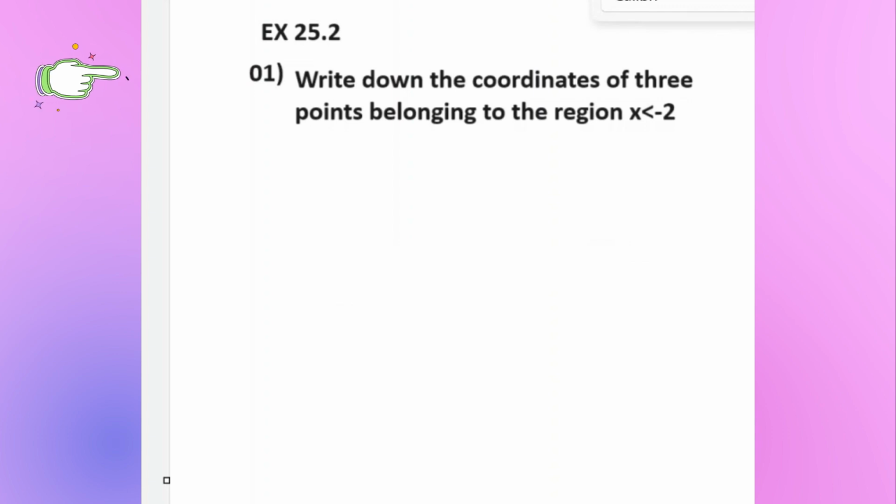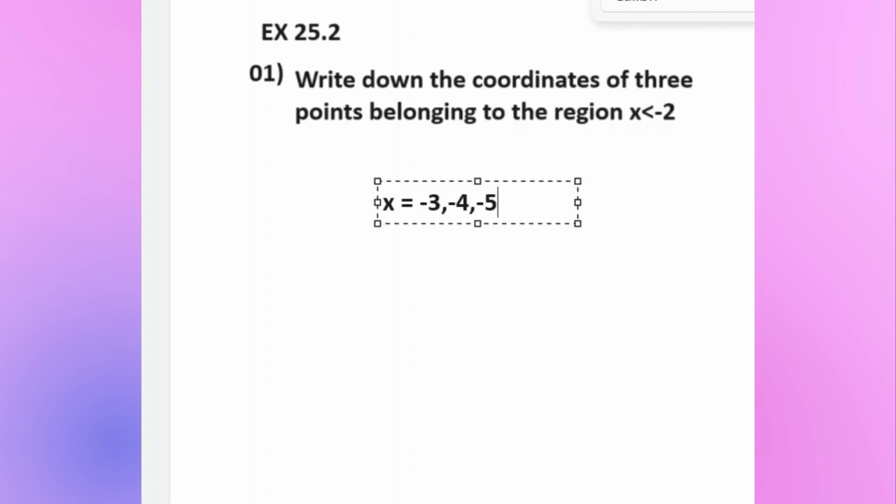Now let's see how to get the answer for the same question without drawing the inequality on a number line or the Cartesian plane. What are the values x can be? x can be minus 3, minus 4, minus 5, minus 6, any number less than minus 2.